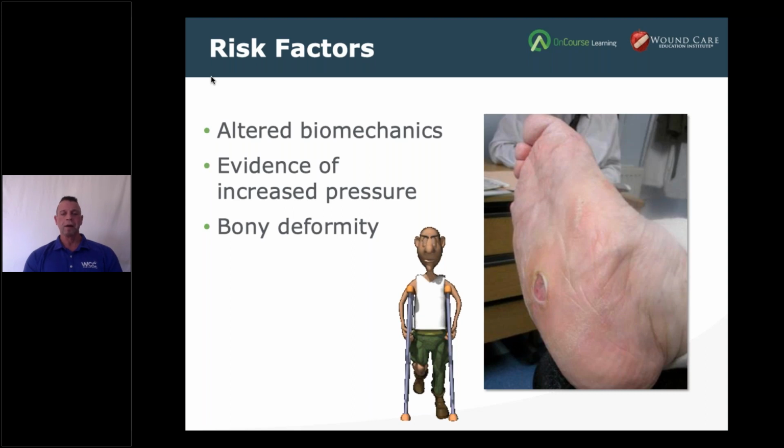It throws those biomechanics off. And when they try to walk, they don't have normal mechanics, and therefore changes their gait pattern and changes how the body absorbs that pressure that is incurred while you are walking. And of course, that then typically will result in the evidence of increased pressures, and that is usually seen by the formation of callus or hyperkeratotic tissue. Again, add a bony deformity to it, and it simply takes it and kicks it up a notch.